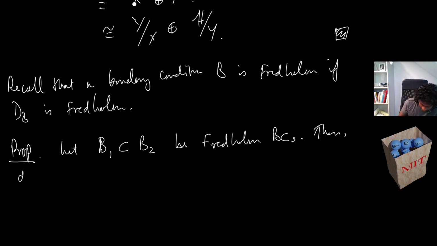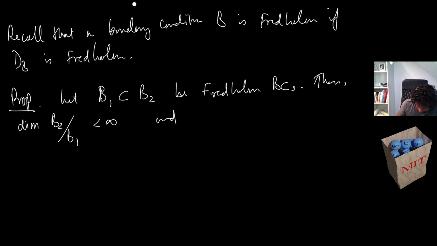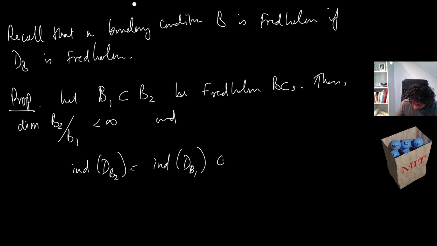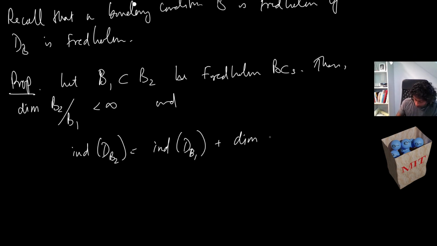Then the dimension of B2 mod out B1 is finite, and the index of dB2 is the index of dB1 plus the dimension of B2 mod out B1. Okay, so very nice relationship.